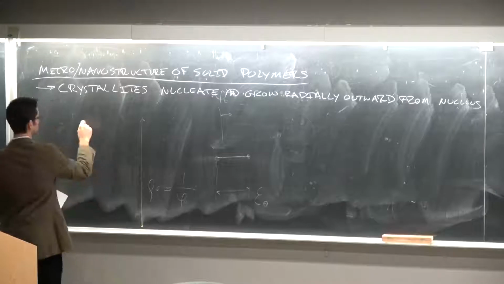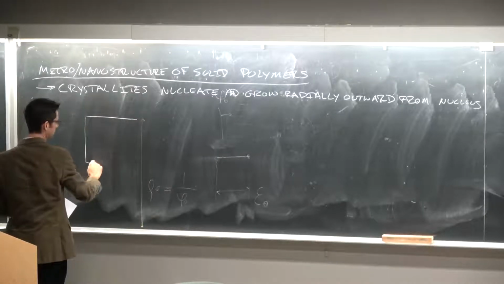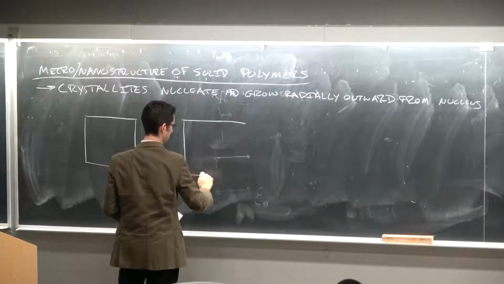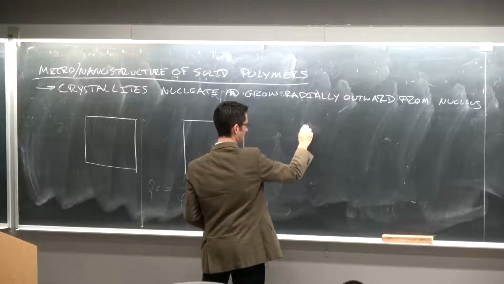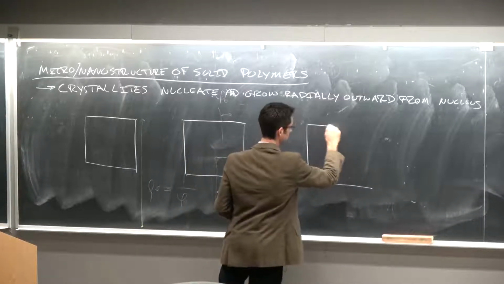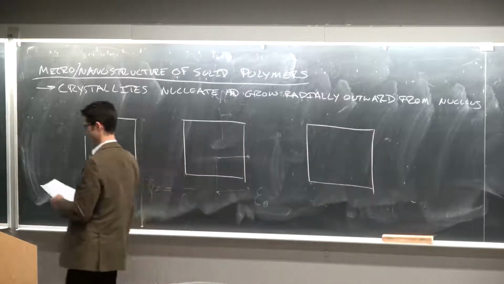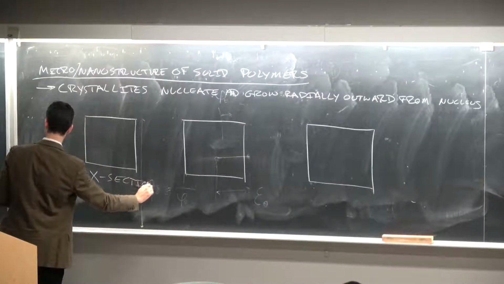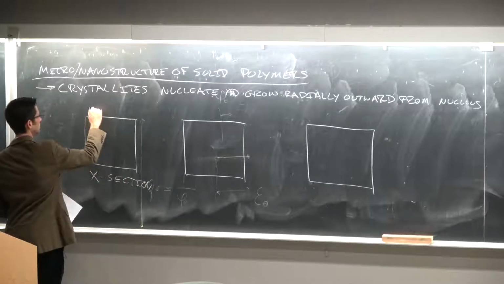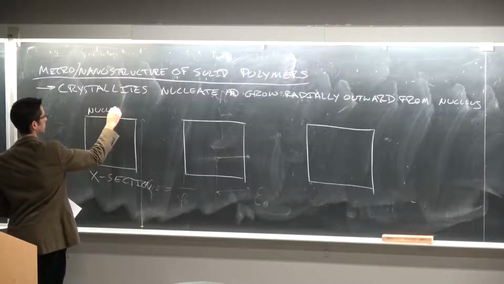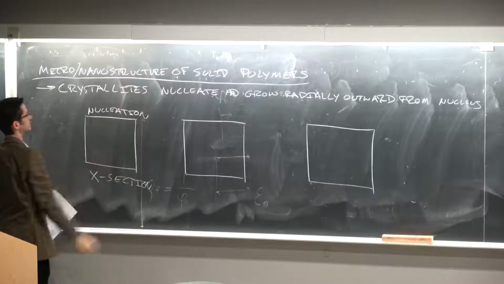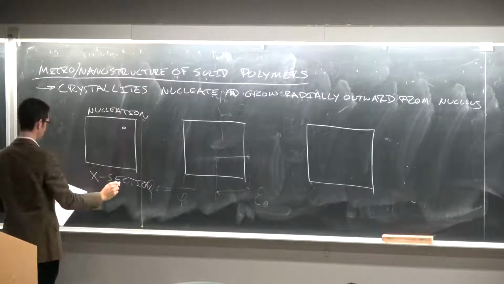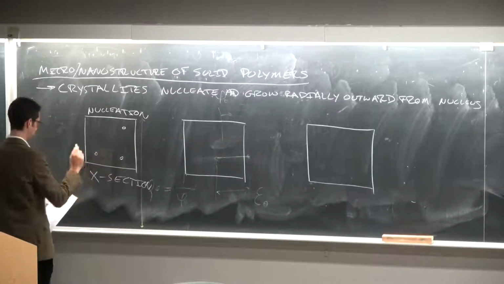So we have three regimes of growth, and here is a cross-section of a solid polymer as we solidify the polymer. This is nucleation. And let's say we get a nucleus here, here, and here.